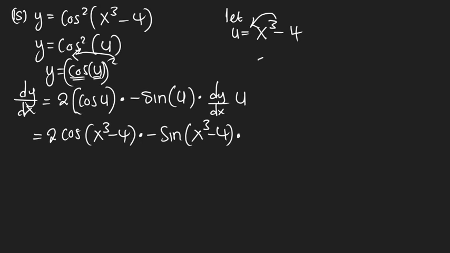So this is going to be 3x to the power 2. Then because this is a constant, it will be a 0. So now we have everything.